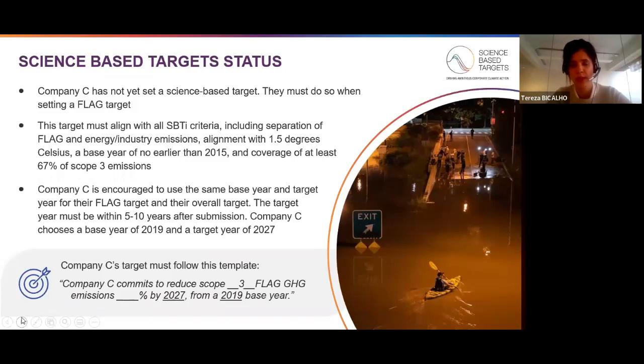To communicate its FLAG target, Company C must follow this form. Company C commits to reduce Scope 3 FLAG GHG emissions X% by 2027 from a 2019 base year.